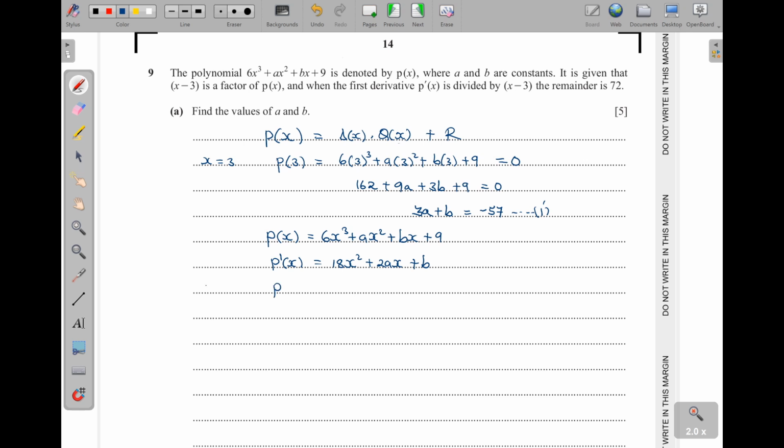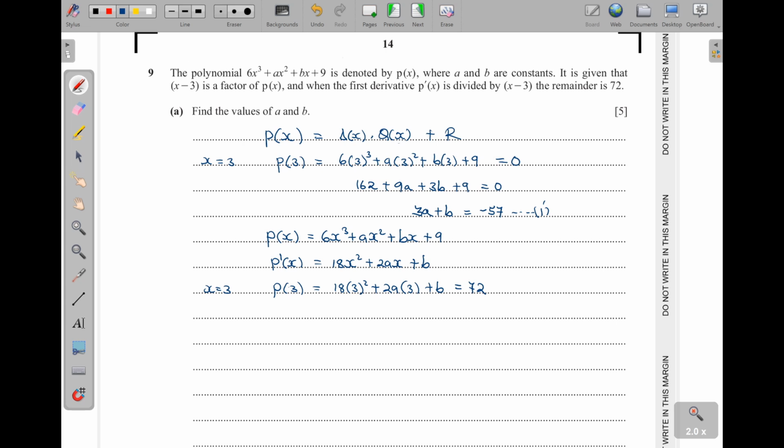Now we put x is equal to 3, giving 18 times 3 squared plus 2a times 3 plus b, and we equate it to the remainder, which is 72.